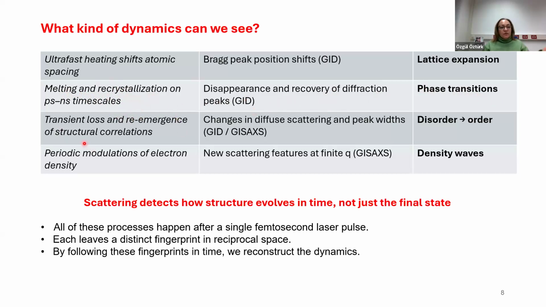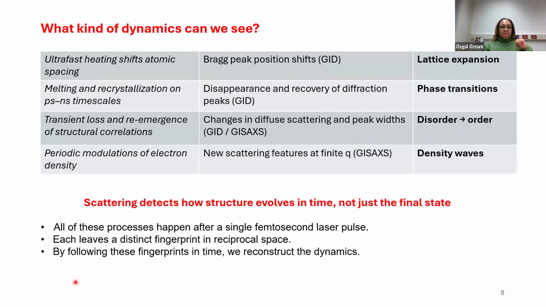Or after you pump your material, you can have a transient loss or re-emergence of some structural correlations. And then this will change your diffuse scattering and peak widths. Then I can say, okay, I have disorder, or I have order, or I have a transition from disorder to order.